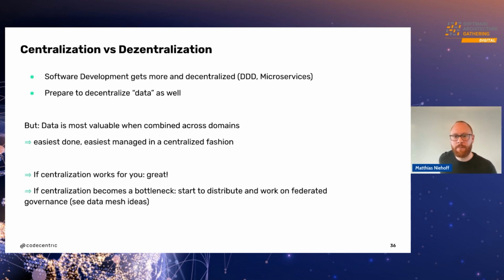But if it becomes a bottleneck, start to distribute and work, especially on the governance part. The federated governance part that is also introduced with the data mesh ideas is really important then. Because building a platform, okay, but getting all these people to work together, agreeing on standards, and enforcing regulations, maybe in a decentralized fashion, this is the hard part then.